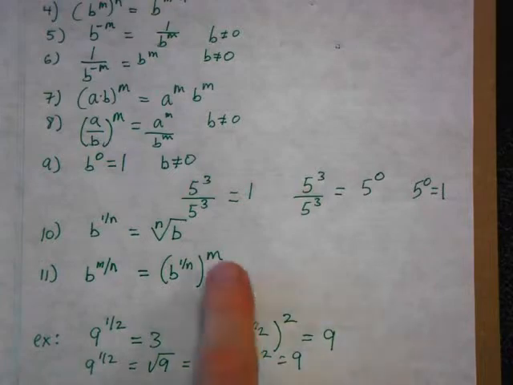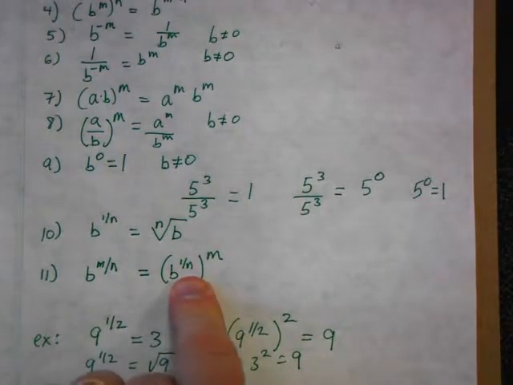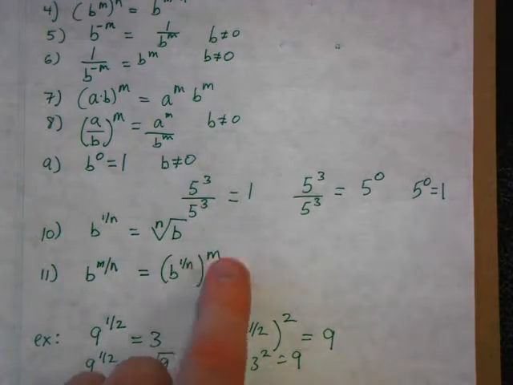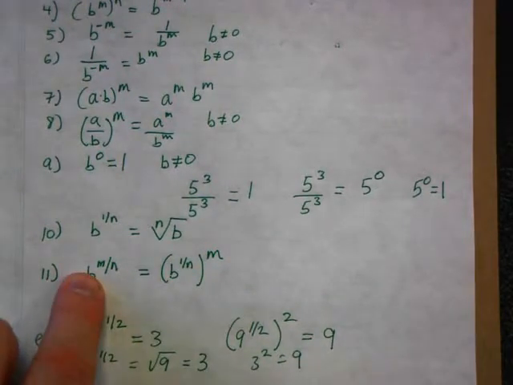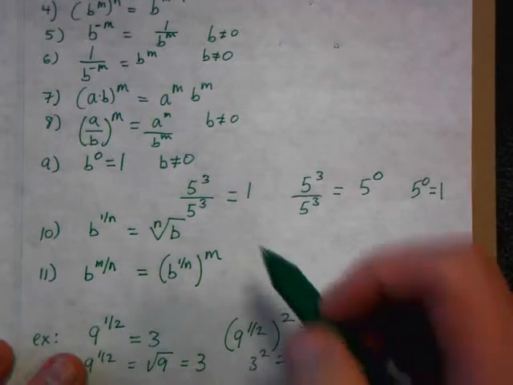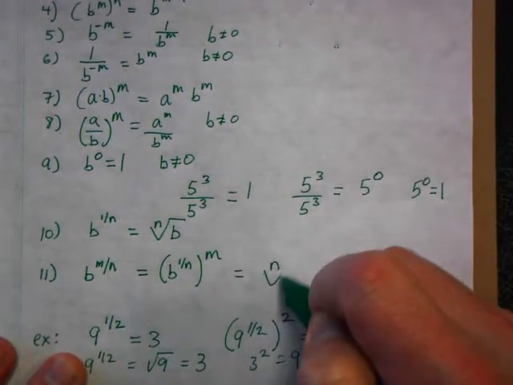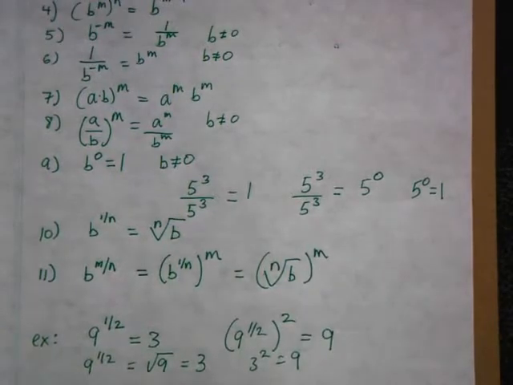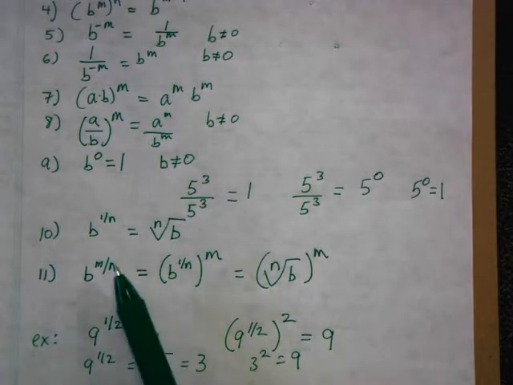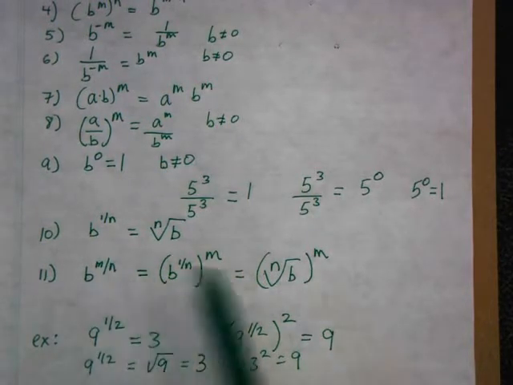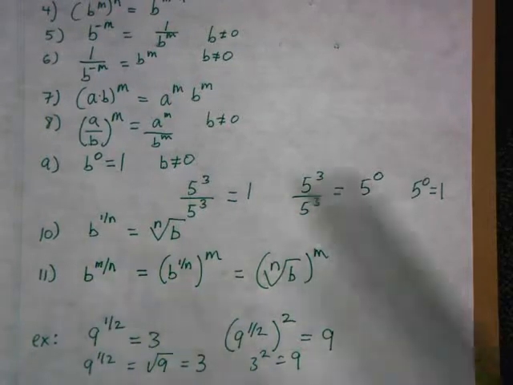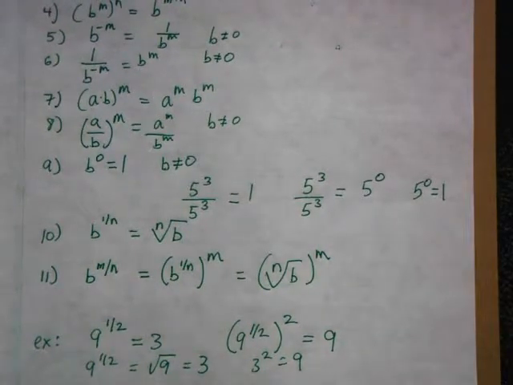You multiply them. What's m times 1 over n? Well, you think of m as being m over 1. You multiply the tops, you multiply the bottoms, you get m over n. So this is an nth root of b to the power m. So, a fractional power. All that happens is the number on bottom tells you what root to do, and the number on top tells you what power to do.